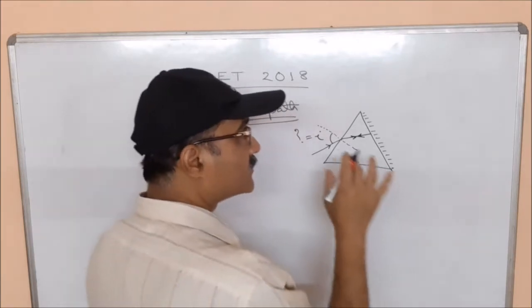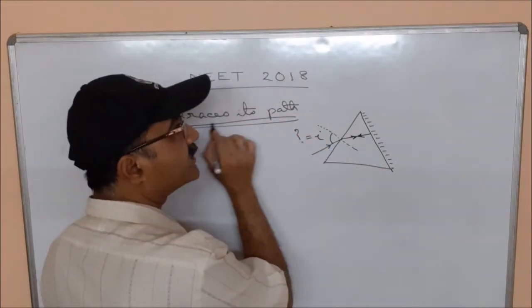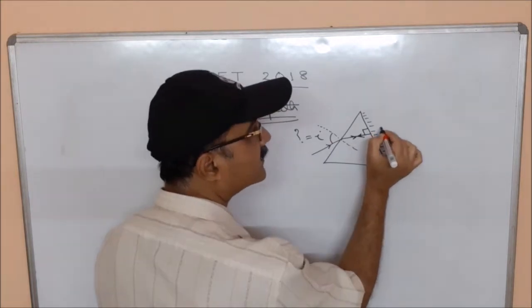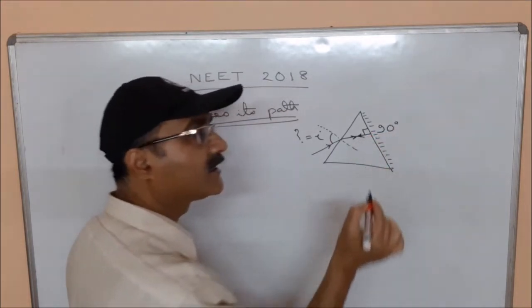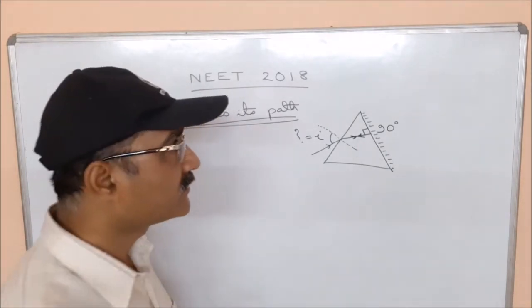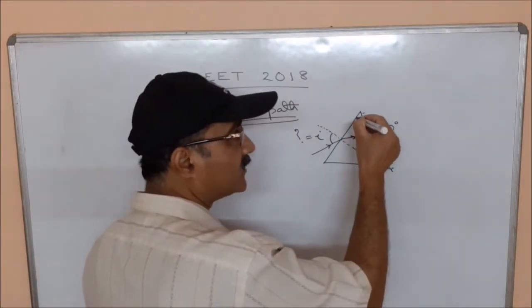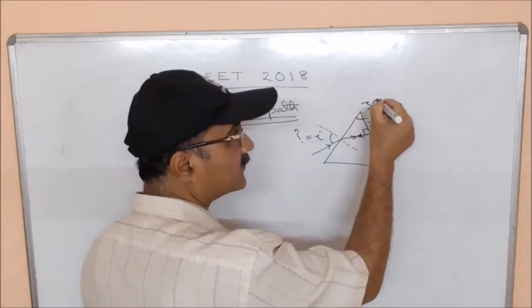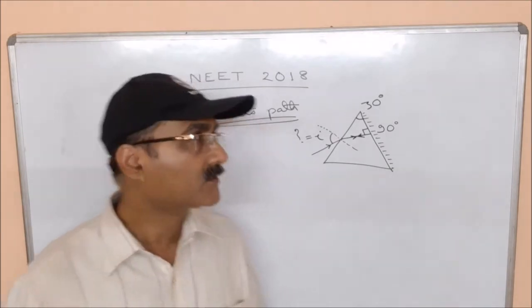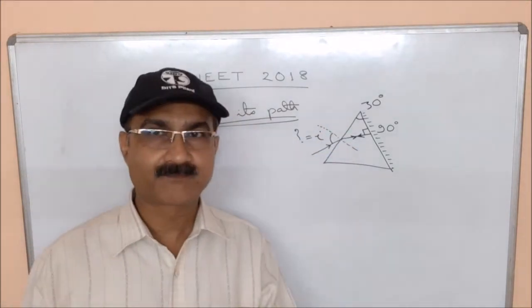So, from these words, retraces its path, we get the value of this angle. This angle is 90 degree. In the question, it's given the angle of the prism is 30 degree. So these are the data given.